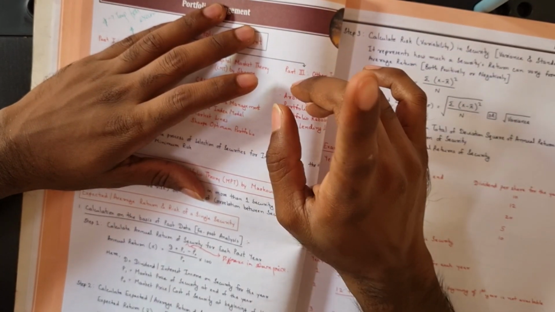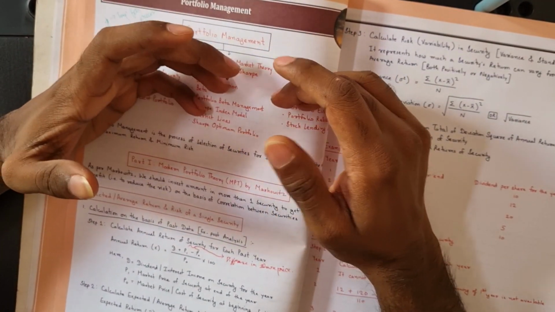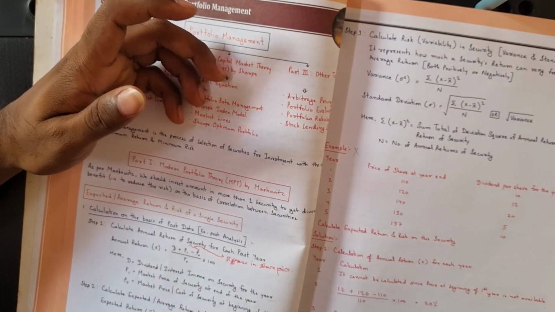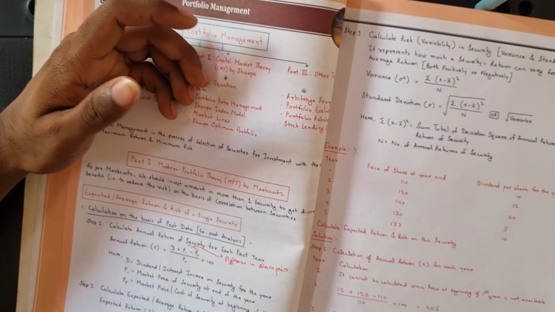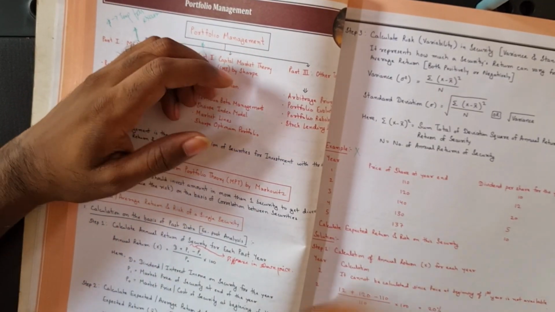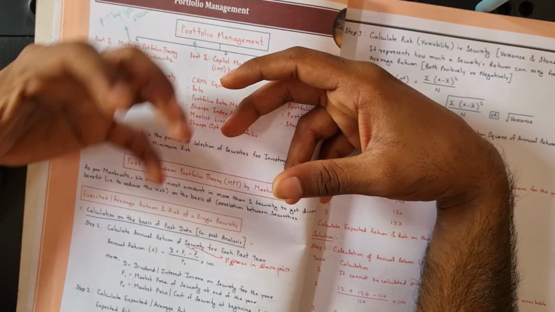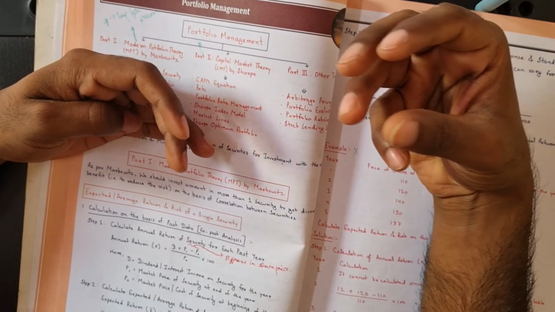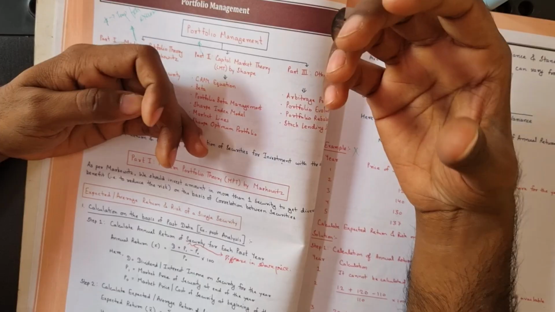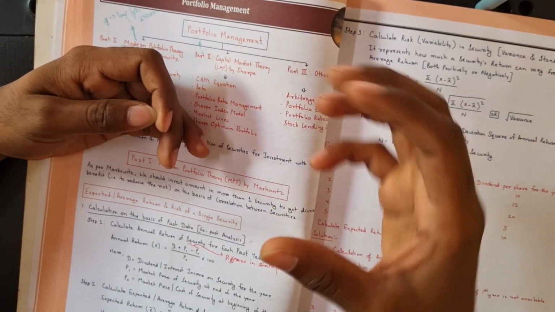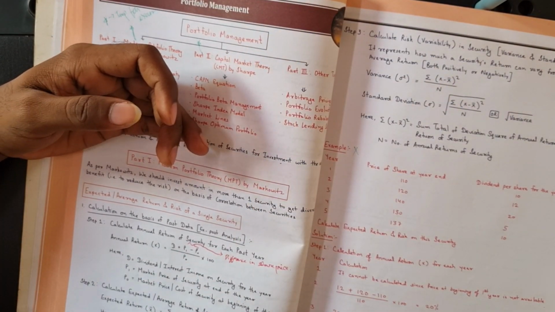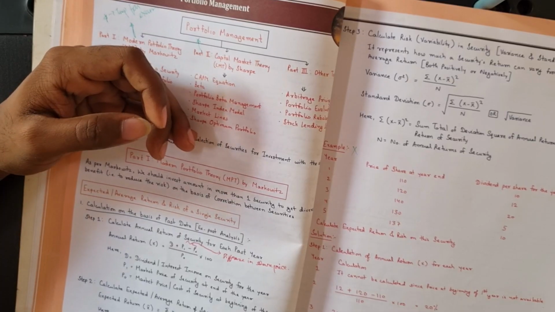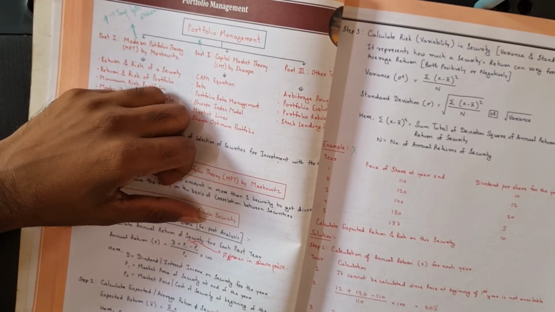Only one chapter is for technical analysis. So here we will do only fundamental analysis, that is, based on your financial records. Technical analysis means based on the past price of the share, and this is past historical financial data of the share. So first we will calculate on the basis of past data.